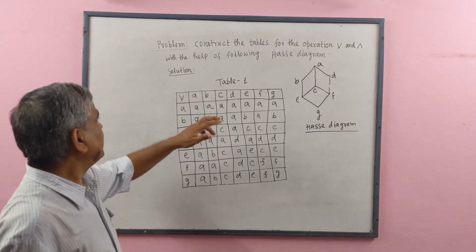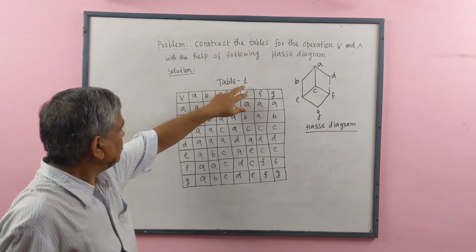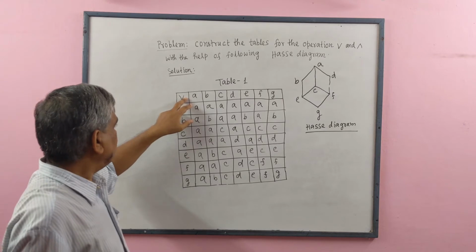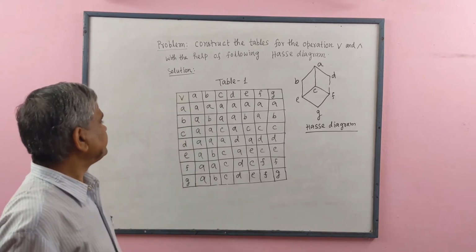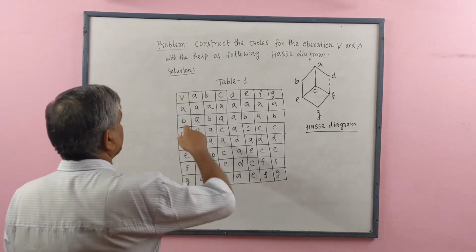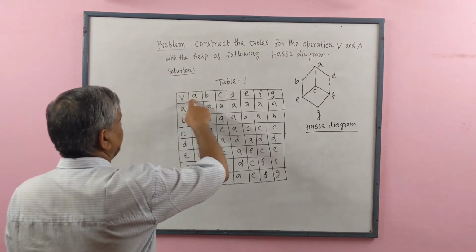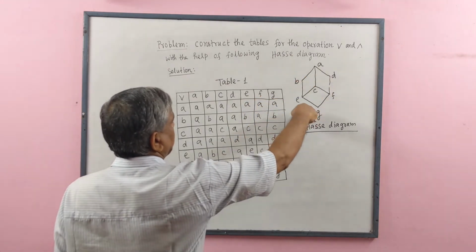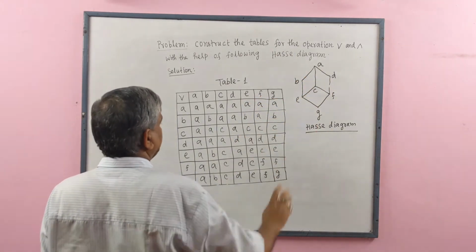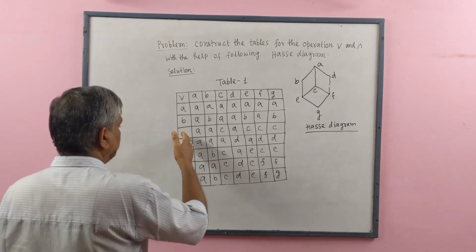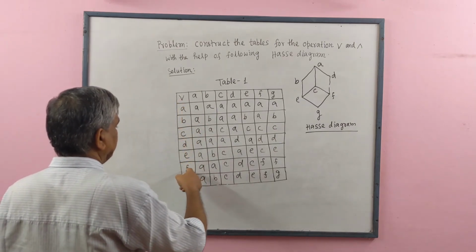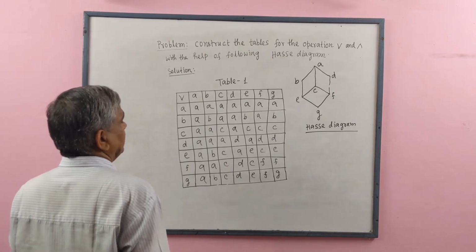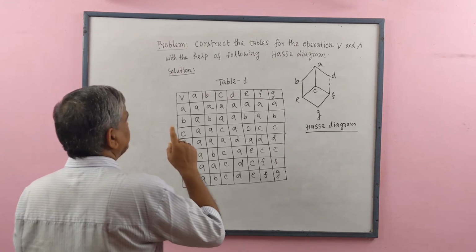Now we construct table 1 for the operation joins, that is supremum. First we write in the first row elements A, B, C, D, E, F, G of the Hasse diagram, and in the first column also we write A, B, C, D, E, F, G. Now we find the value of the supremum.